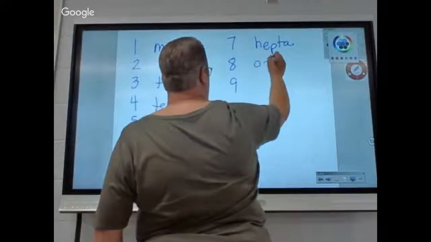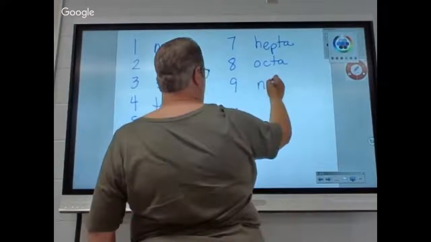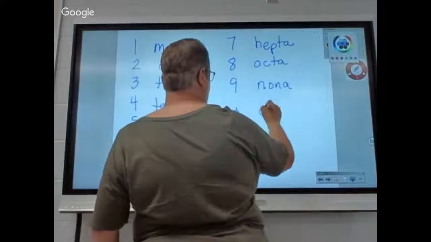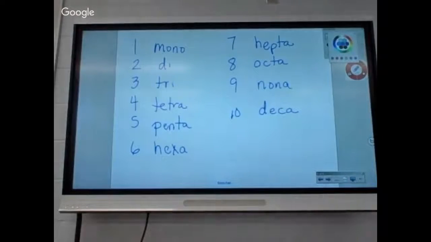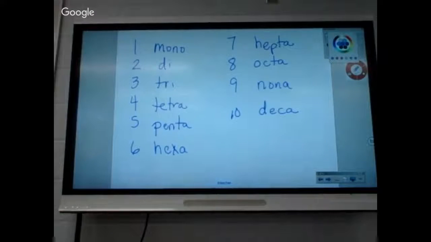Octa, nona, and deca. Okay? So there might be a couple of them that you don't know. I'd be willing to bet there's no more than 3 or 4 you might have to learn. Most of them you probably know from math class, or music, or even Spanish class. But there's not a lot in there that you are not already going to know. So don't be like, oh my God, I can't learn by Wednesday.